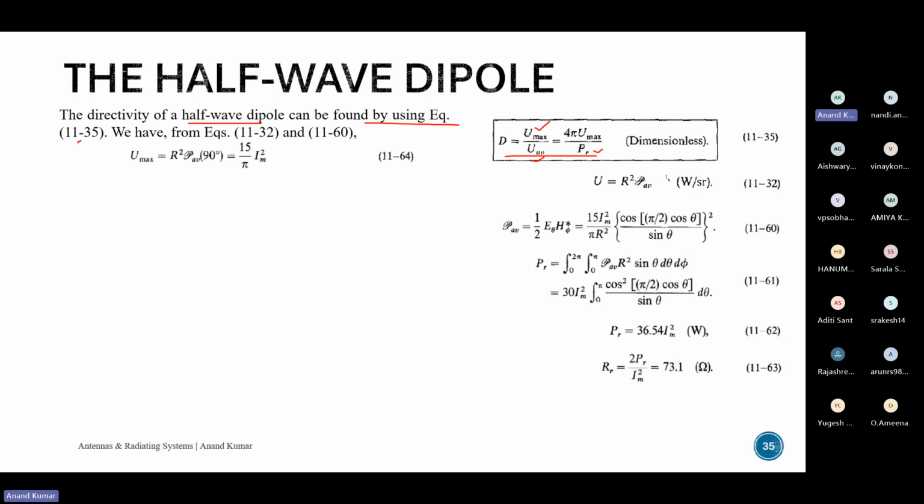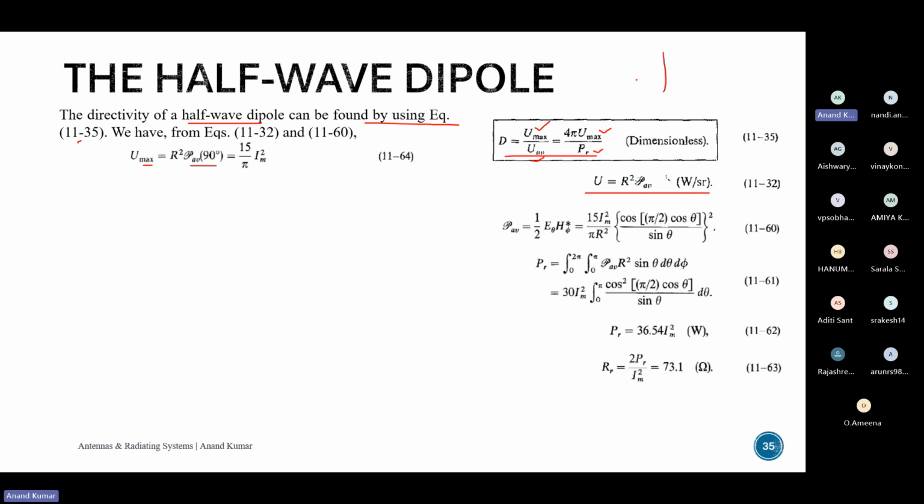In the previous slide, we derived the P R value. Now we need to derive the U max value. U is r square times P average, and we have to take the P average value at 90°.